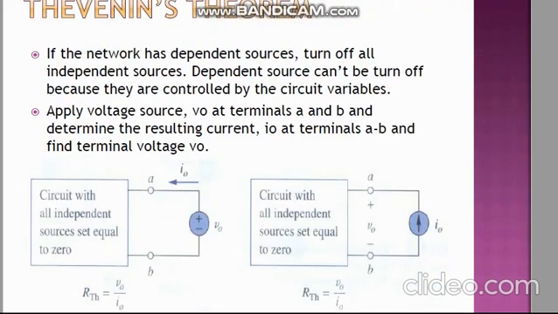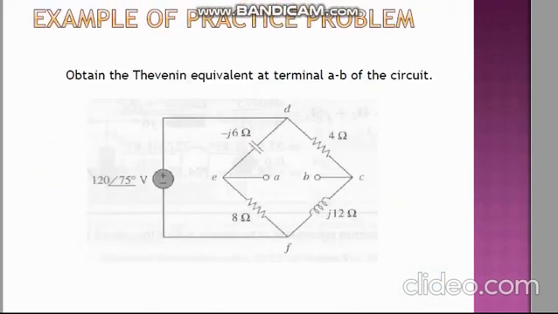Now look at this circuit. Here you have to obtain the Thevenin equivalent at terminals A, B of the circuit. First of all, when you are willing to apply Thevenin's rule, you have to open the load voltage. What is the terminal?